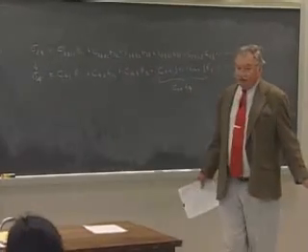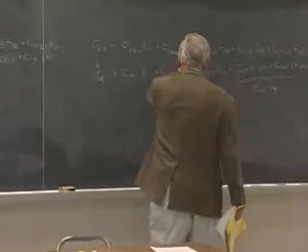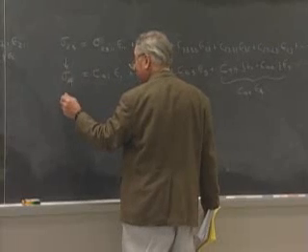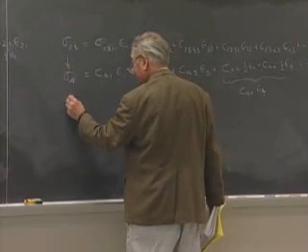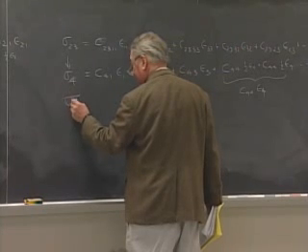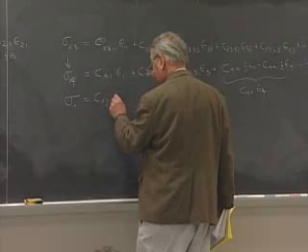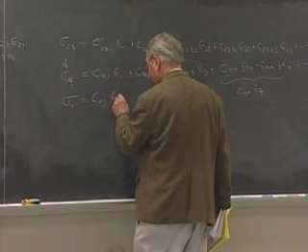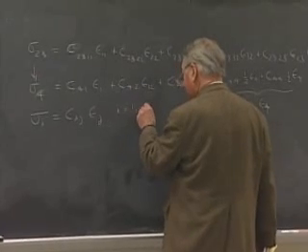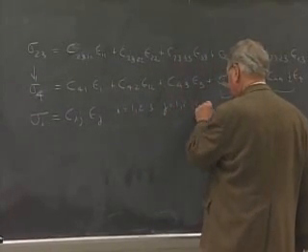So all the factors of 2 have disappeared, and provided we remember the way we have condensed the elements of tensor strain, we can say with complete confidence that in our matrix notation, sigma i is Cij times epsilon j, where i goes 1, 2, and 3, and j goes 1, 2, 3, all the way up to 6.